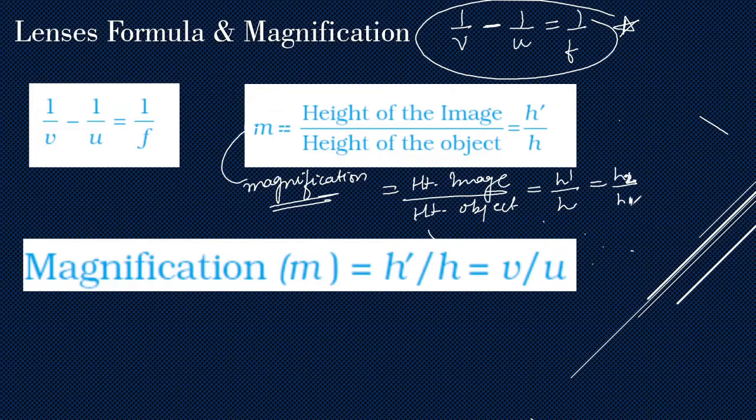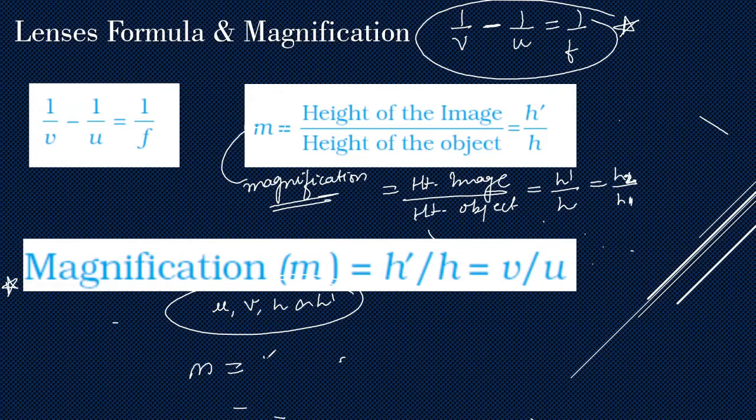Now there's one more formula which gives us a relationship between all the four: object height, object distance, image distance, and magnification as well. So very, very important.